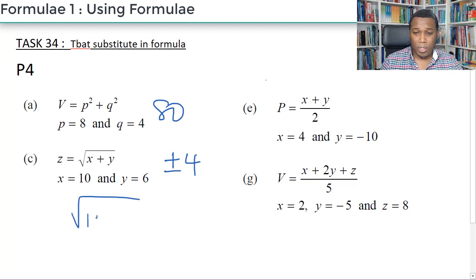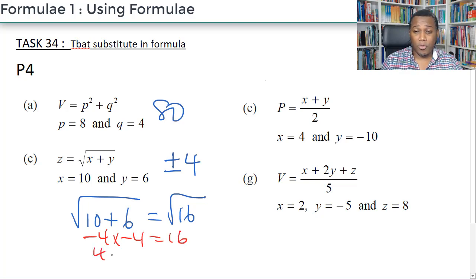I want the square root of 10 plus 6, which is the square root of 16. And the square root of 16, remember, a minus times a minus gives a plus. So minus 4 times minus 4 is equal to 16, just as 4 multiplied by 4 is equal to 16.